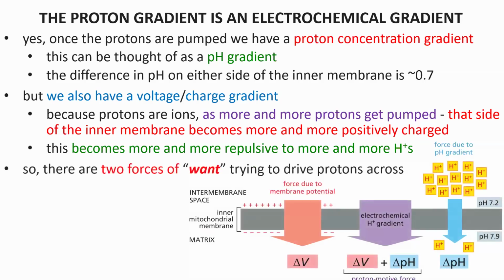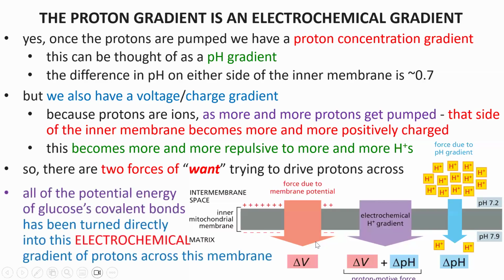And so there are actually two separate forces of want driving protons across this membrane. There's the concentration gradient, because all molecules want to flow from high concentration to low concentration. But there's also this charge or voltage gradient, where the protons want to go from where it's very, very positive to where it's less positive.